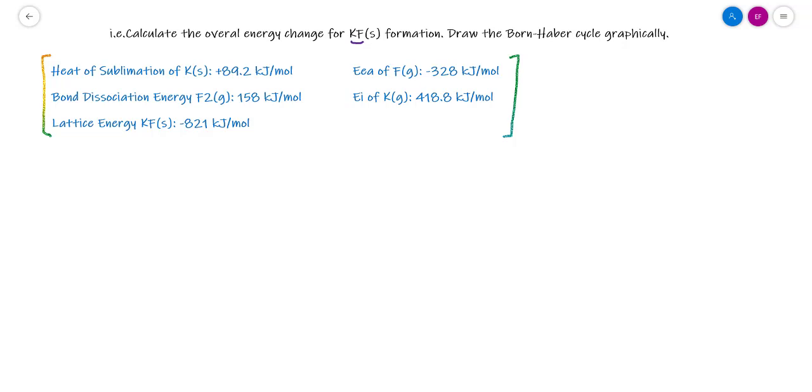E sub Ea, that's the electron affinity of fluorine atom. So when you tack an electron onto it, what do you get? And then E sub I, that's the ionization energy of the potassium metal. So I'd pause the video now, and start working through this. When you unpause it, you'll see my worked example, and I'll walk you through what I did.